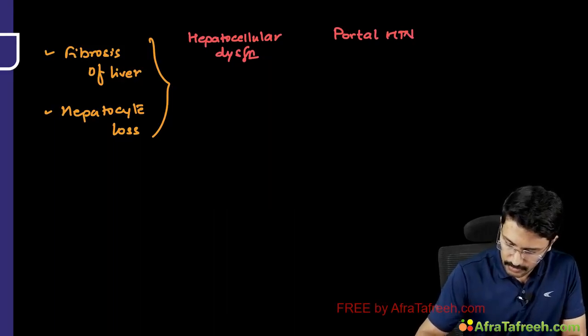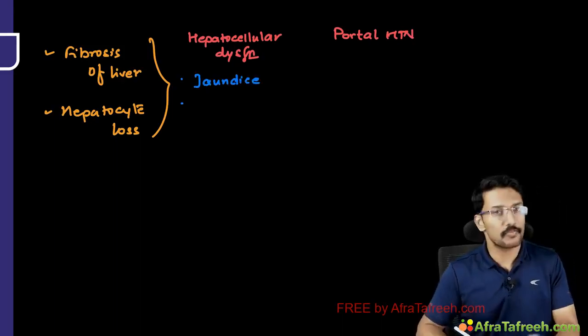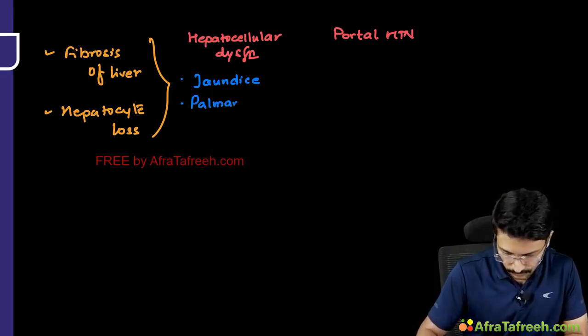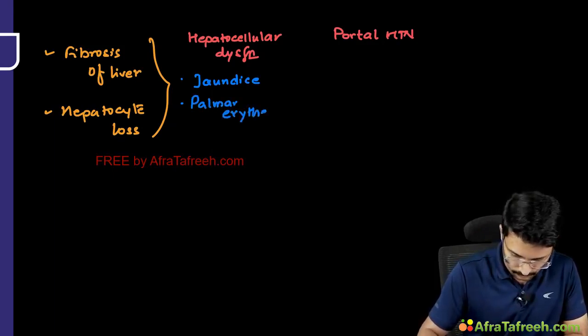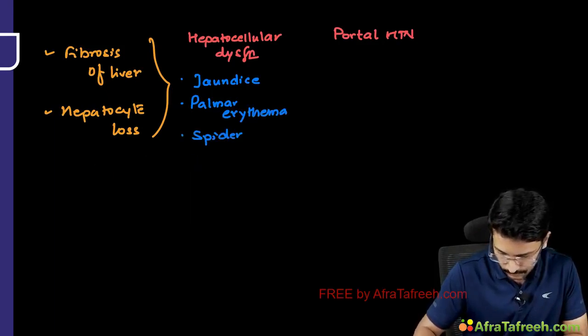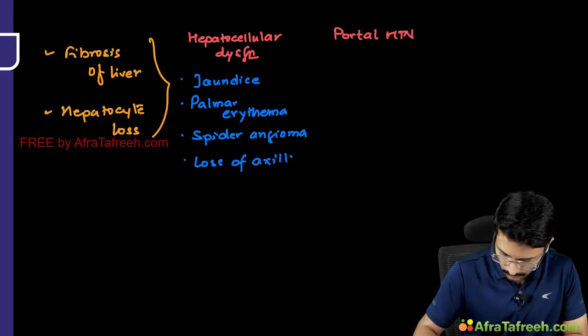I can see patients presenting with jaundice, right? Then these patients might develop palmar erythema. They might develop spider angiomas. They might have loss of axillary hair.